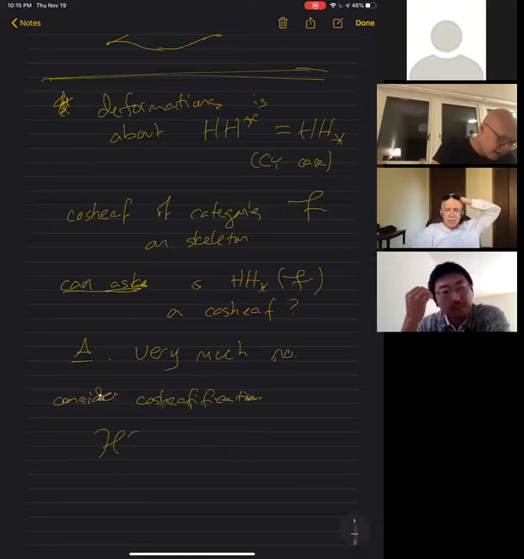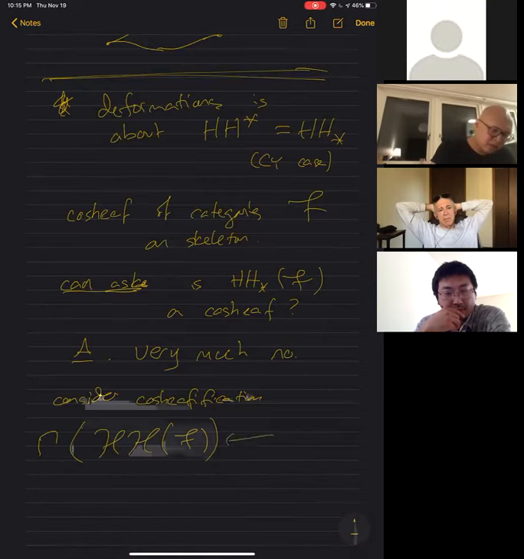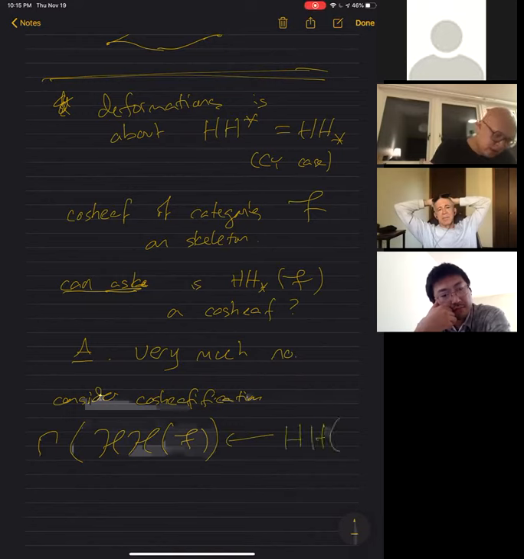And then you have a map from HH, this co-sheafification HHF. And there is a map from the global sections of this co-sheafification, maybe from the Hochschild homology of the global sections.